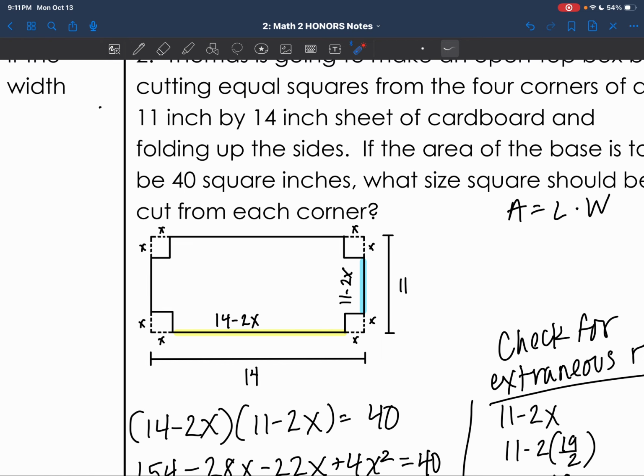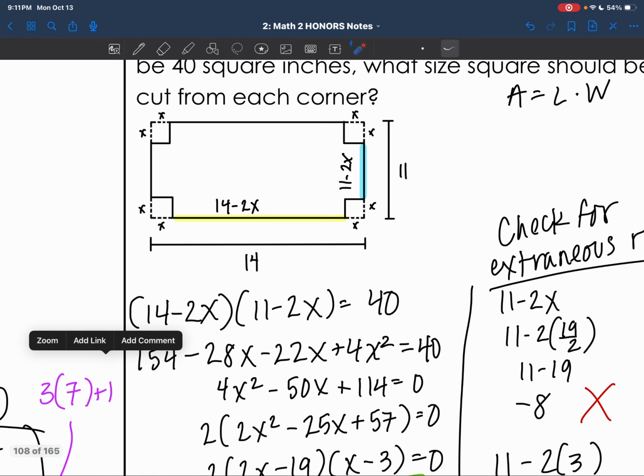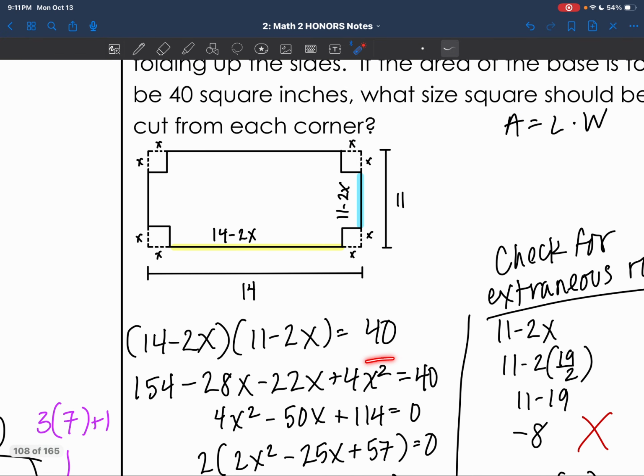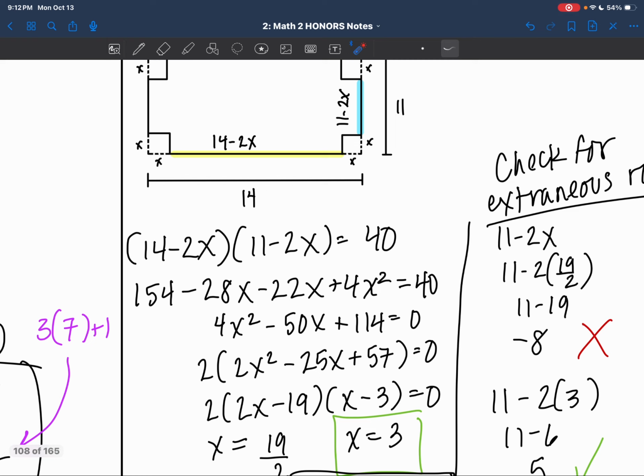So now we can go through, and we said that the area of the base should be 40, so we're going to set that equal to 40. So I'm taking this times this, and then you're going to distribute, and you'll get this down here. Combine your like terms.